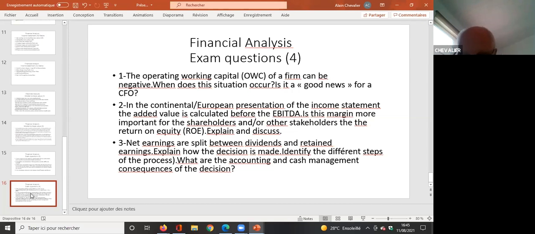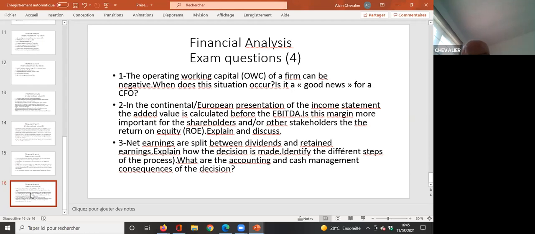Of course it is, because with a negative one, you are completely independent of the banking system. You can finance a large part of your investments using the cash issued by the operating working capital. You can reduce the level of total equity and offer a good return to your shareholders. So the negative operating working capital, which is characteristic of few economic sectors and particularly of the distribution sector, is good news and is a kind of dream for CFOs.